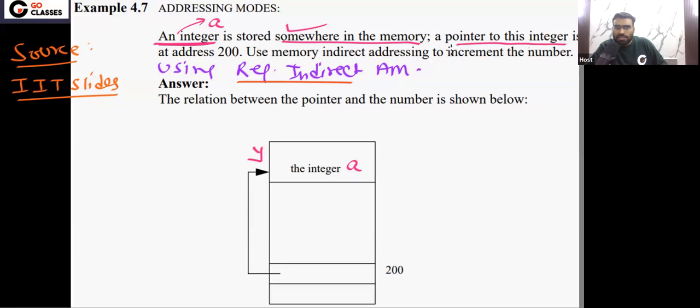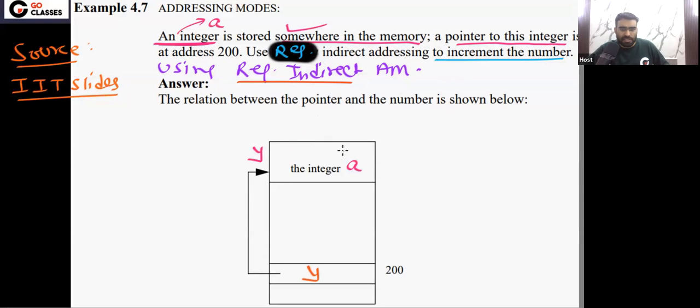A pointer to this integer is at address 200. So at this 200, basically, you are storing this value Y. Now the question is saying, using register indirect addressing mode, increment the number.